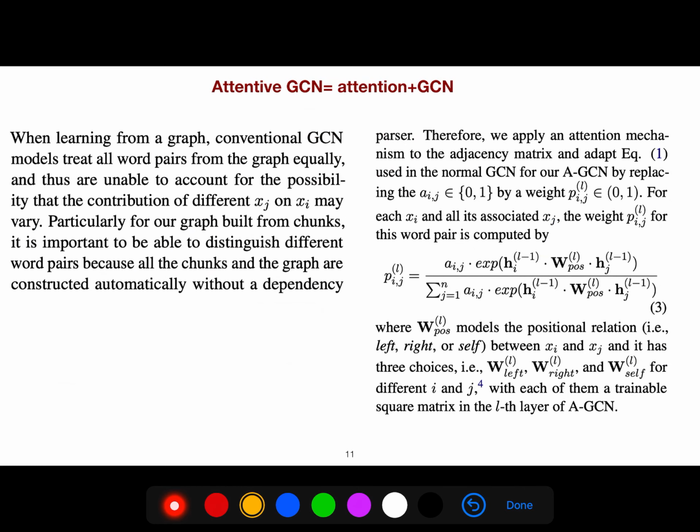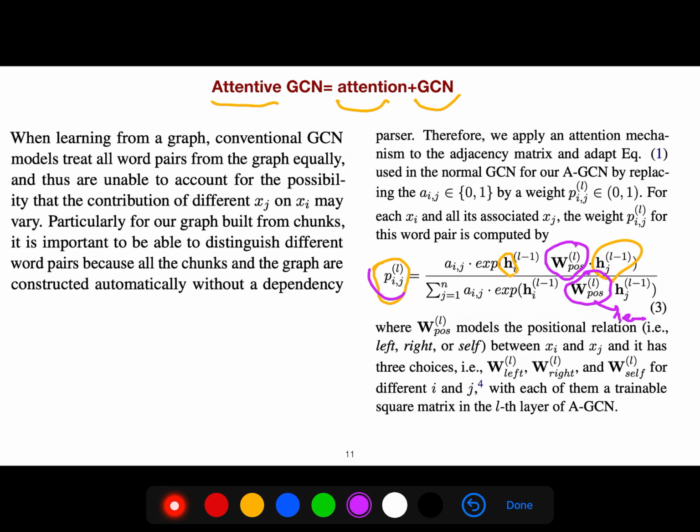And so when we say a GCN, it means attention plus graph convolution neural networks. So I told you now, because it is attentive, we should not work with standard graph convolution neural networks because it is now a priority over these edges. For example, from I to J, depending on I and J, there is a matrix W that should be learned. So we learn this.